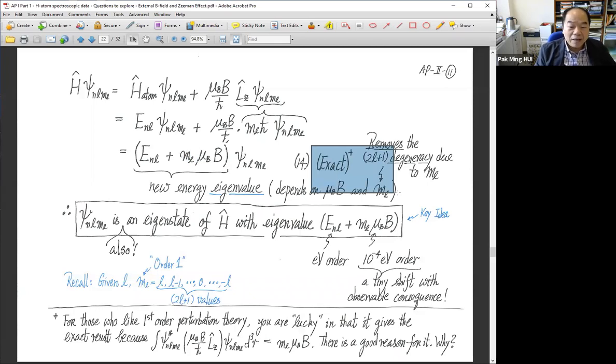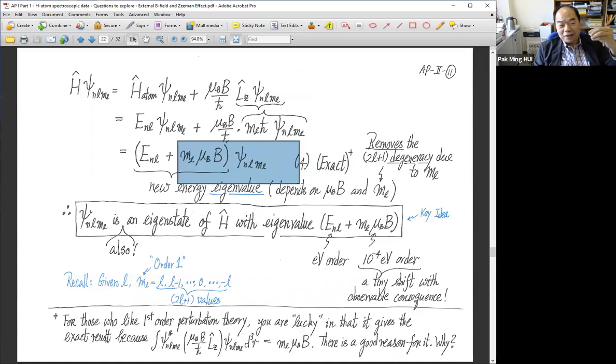Now, for those who like perturbation theory, you may want to do first order perturbation on it. By that, you mean you take the zeroth order state and work out the expectation value. You left multiply the same state, do the integration that will be normalized.